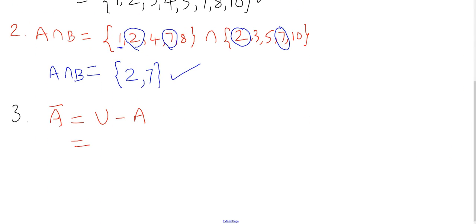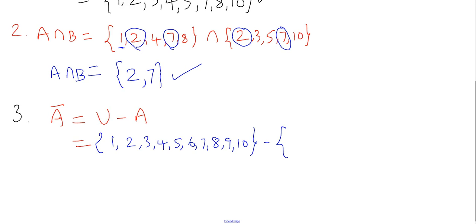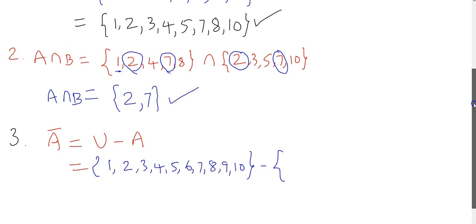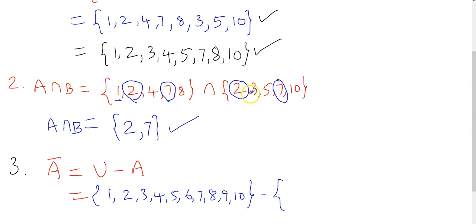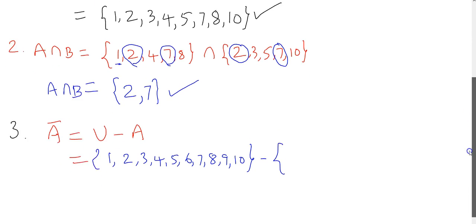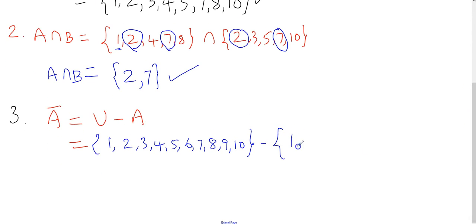So let me write down 1, 2, 3, 4, 5, 6, 7, 8, 9, 10 minus set A has what? 1, 2, 4, 7, 8.